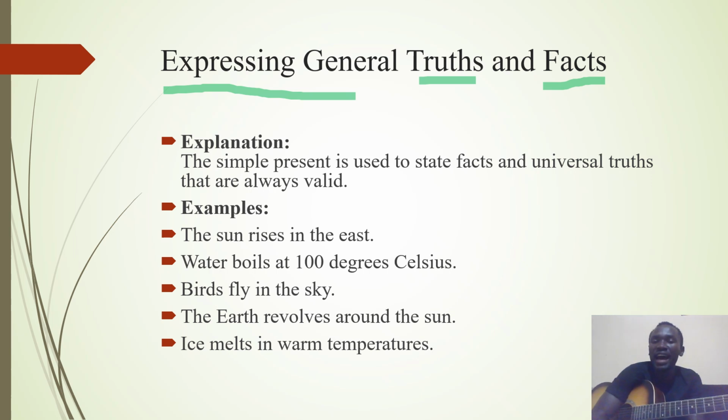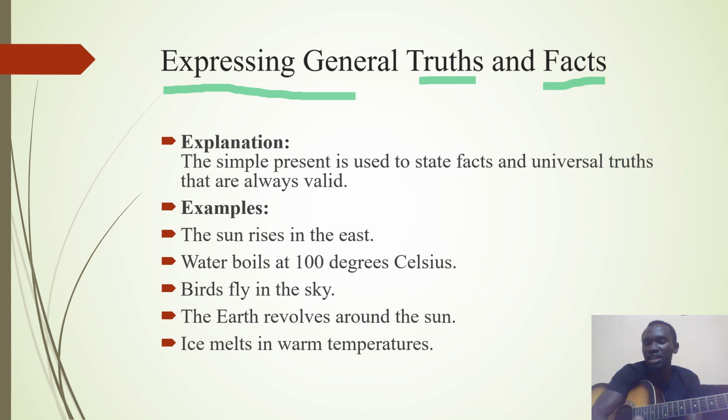It's something none has a different page or a different understanding. It's a reality. That's how everyone knows it. So those are general truths or general facts. When we are expressing those things, we use simple present tense. This is one scenario where one would need to use simple present tense.